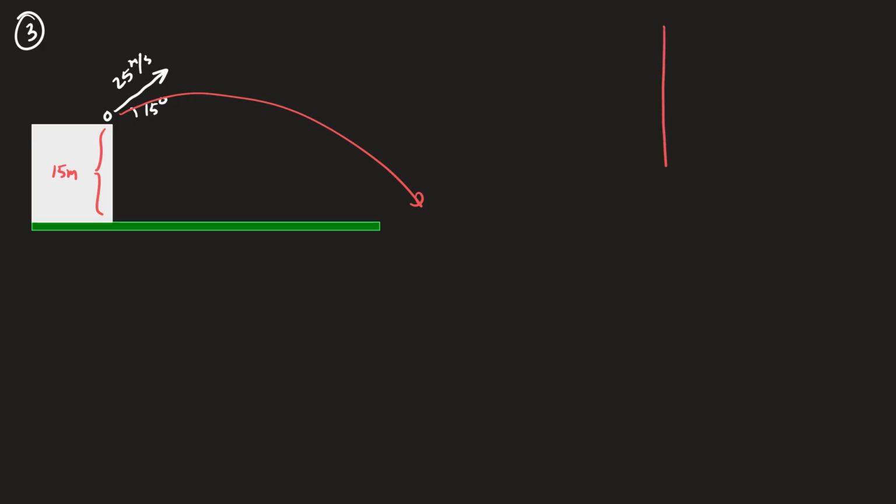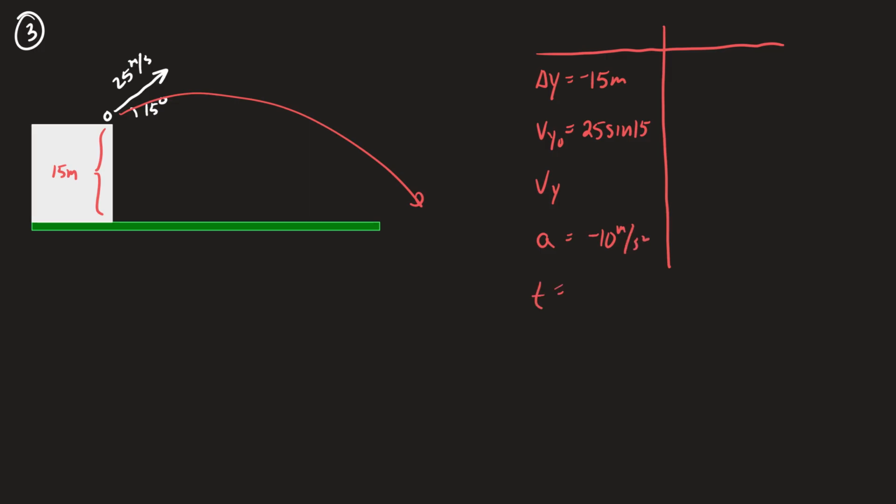All right, so I'm hopeful. We have a delta y equal to, say, negative 15 meters, a vy naught equal to 25 sine 15. Don't know what vy is, but our acceleration is negative 10 meters per second squared. That work out for all of you? Put all the things where they're supposed to go.